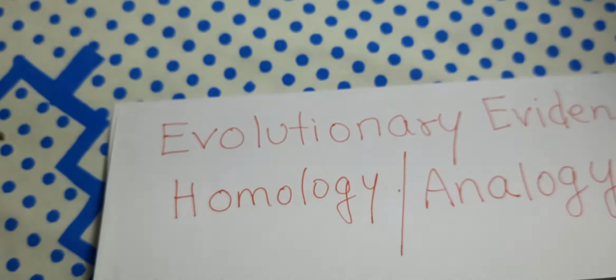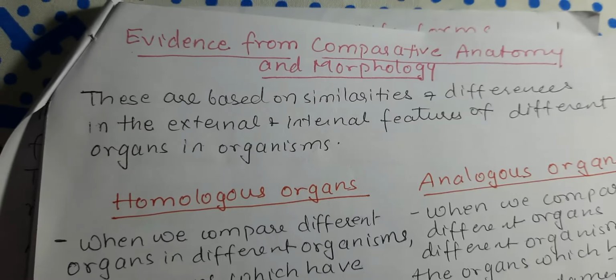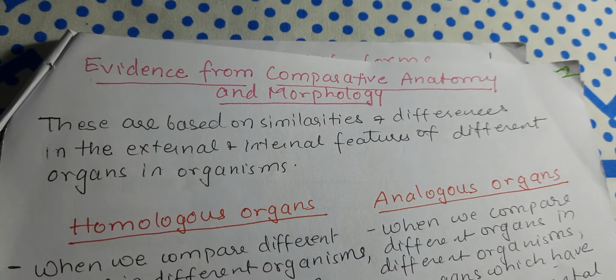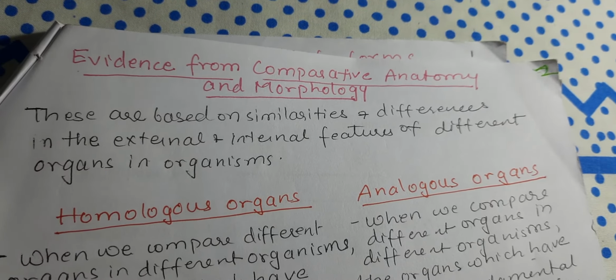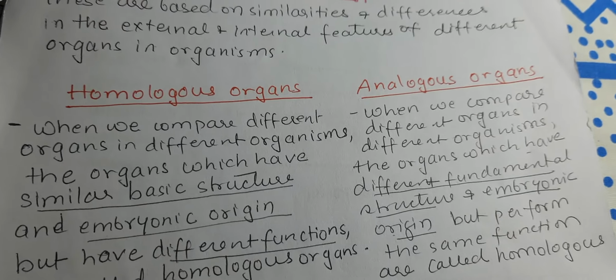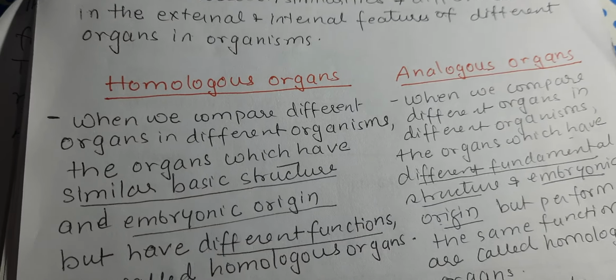Now, evidences from comparative anatomy. These evidences are based on similarities and differences in the external and internal features of different organs in the organism. So, let's compare first the homologous organs and analogous organs.